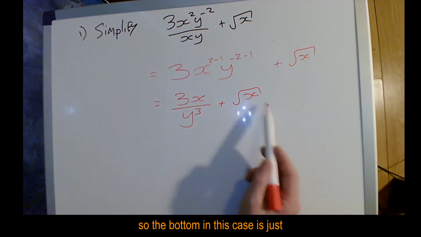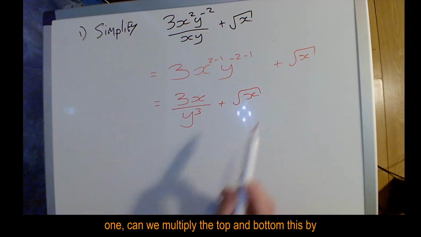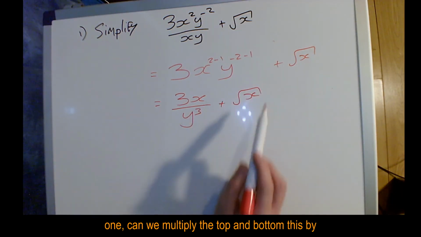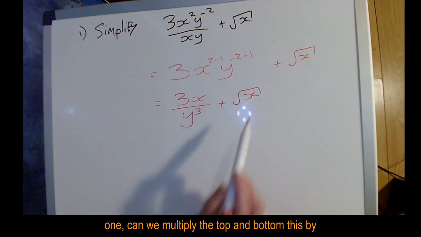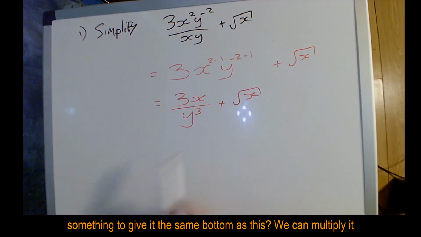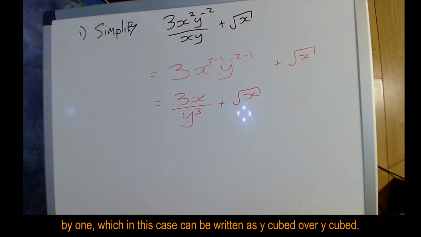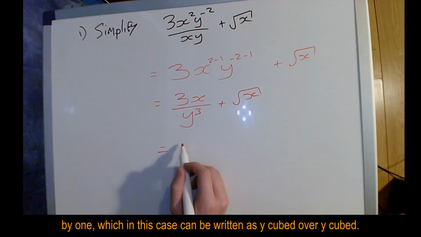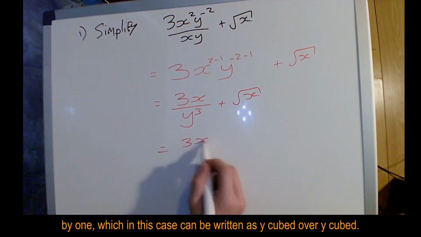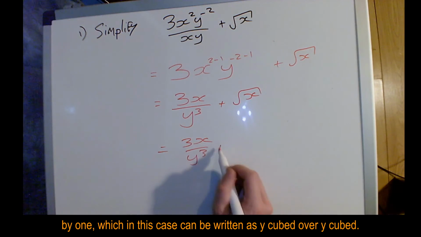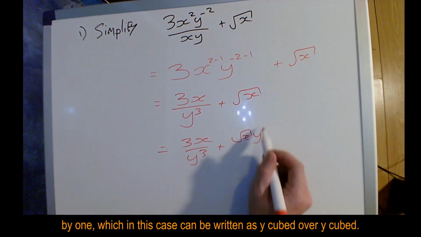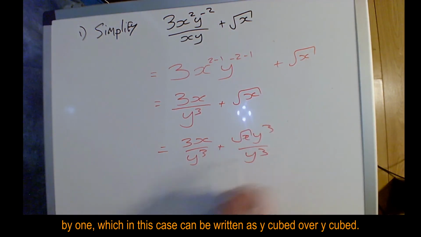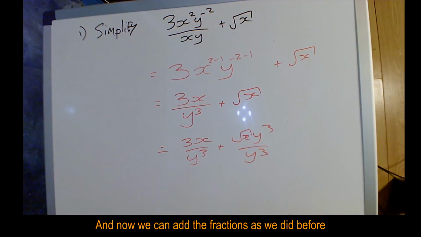So the bottom in this case is just 1, but can we multiply the top and bottom of this by something to give it the same bottom as this, or we can multiply it by 1, which in this case can be written as y cubed over y cubed. And now we can just add the fractions as we did before.